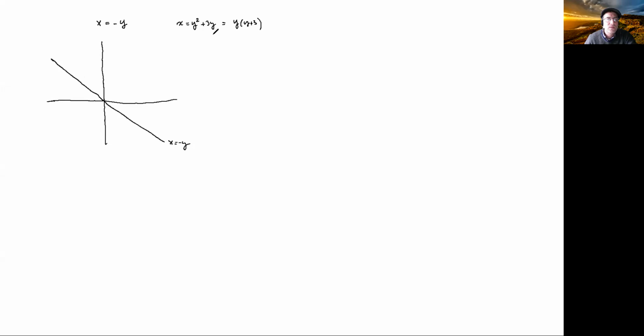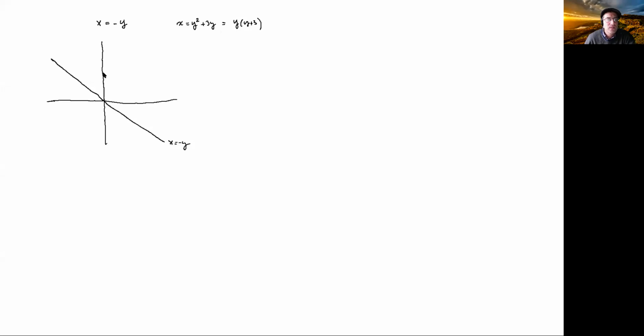The other curve is a parabola, and we can determine where that parabola crosses the x-axis by setting y times (y plus 3) equal to 0.